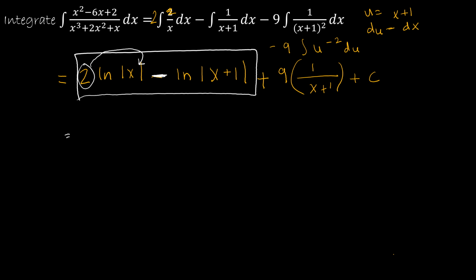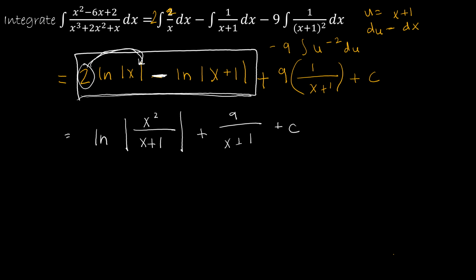So this first boxed white value becomes the natural log of the absolute value of x squared divided by x plus 1. And again, that's combining, making the 2 an exponent and combining these with division. And then I'm just going to write the 9 as the numerator, so 9 over x plus 1, and then plus c.